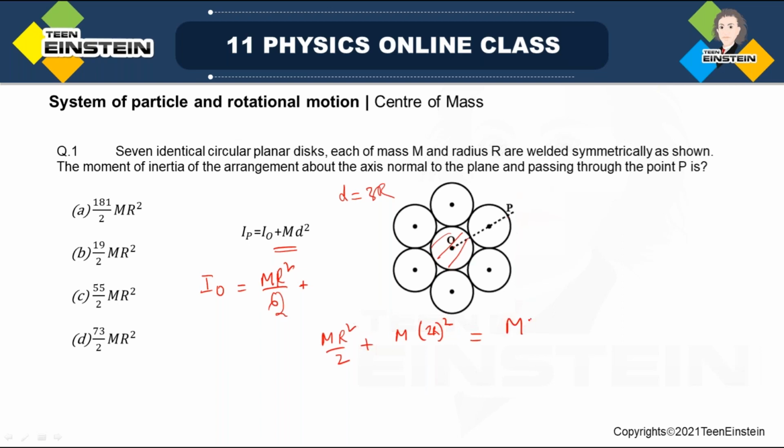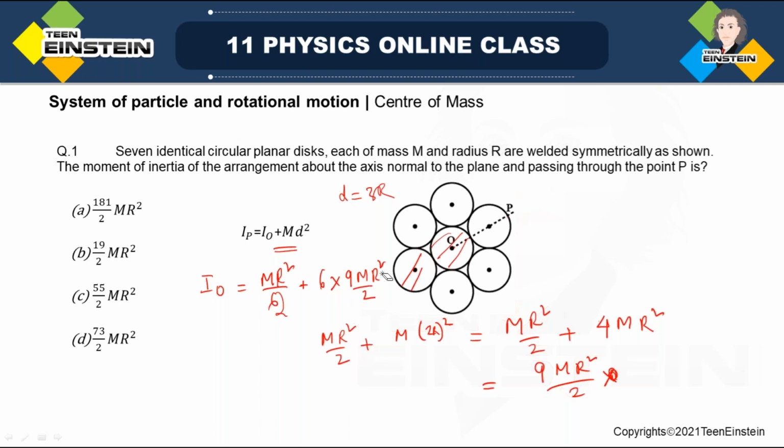So let us just calculate. This is MR square by 2 plus 4MR square. So this will be 9MR square by 2. So this is for 1 disk about this O, and there will be 6 of those.